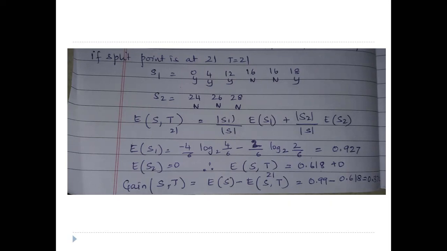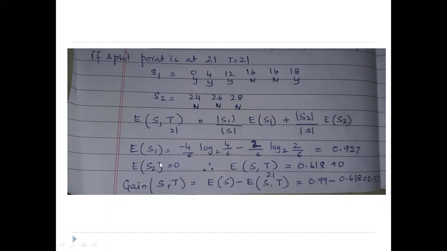Then you have only 2 n values. So here 2 by 6 log 2 of 2 by 6. Please write it down. When you're listening, please make a note of it. So here, when you try to calculate the entire value, I'm going to get 0.927. Okay, this is quite a similar set.